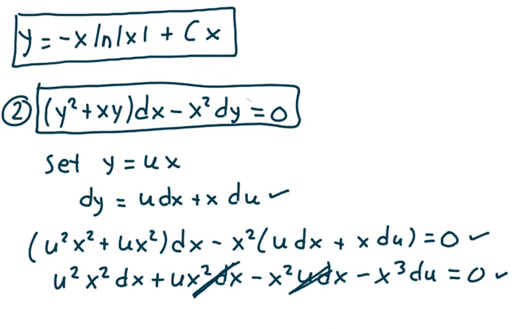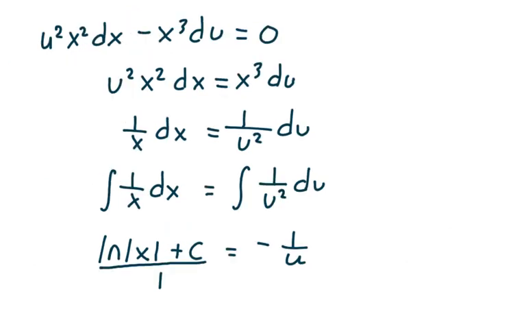But ux squared dx minus x squared u dx is 0, so the second and third term cancel. So what we're left with is u squared x squared dx minus x cubed du is equal to 0. And this again, just like in example 1, is a separable differential equation.